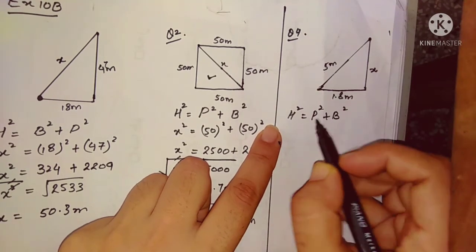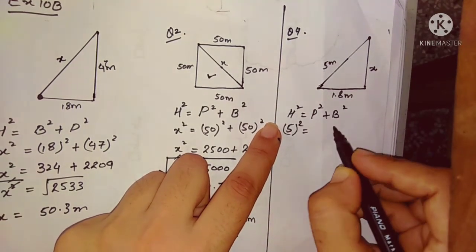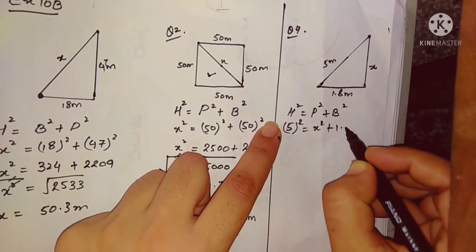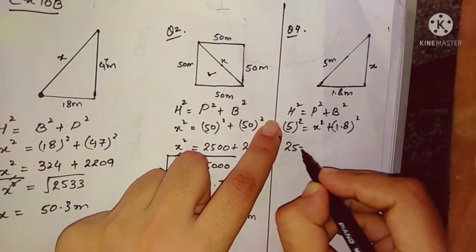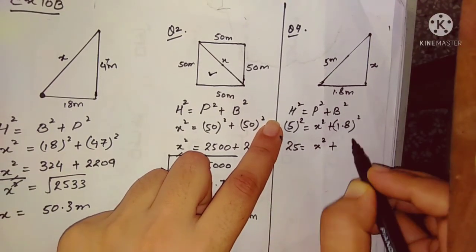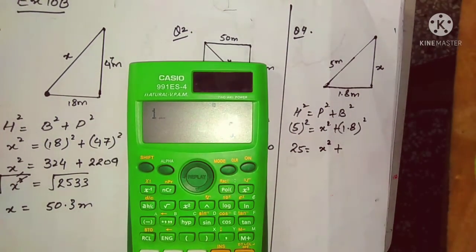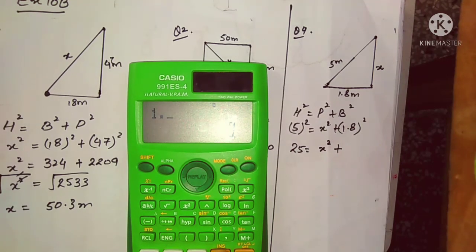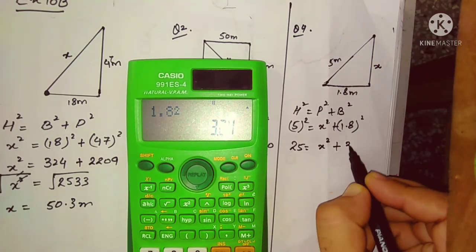So what is the hypotenuse? Hypotenuse is 5, so you will take the square of 5. And what is the perpendicular? Perpendicular is x, so you will take the square of x, and base is 1.8, so you will take the square of 1.8. So 5 square is 25, equal to x square plus 1.8 square. Now 1.8 square will be equal to 3.24.